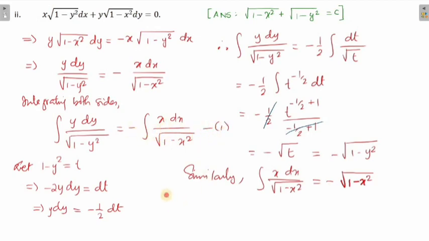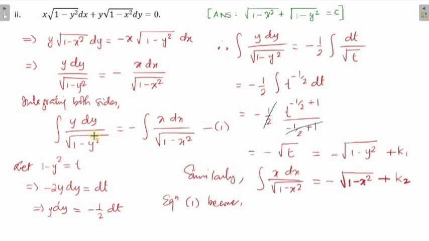So equation 1 becomes, okay, right. So all of you know, you will get a constant of integration here, and here also you get a constant of integration. So call this k1 and call this k2.